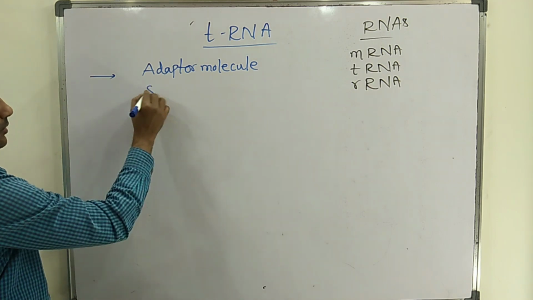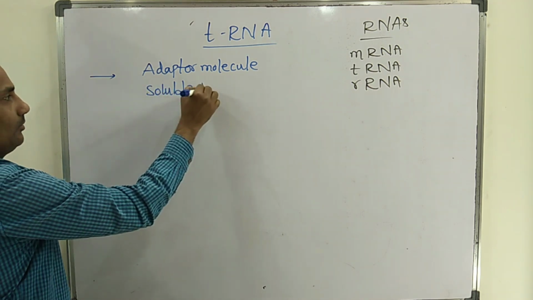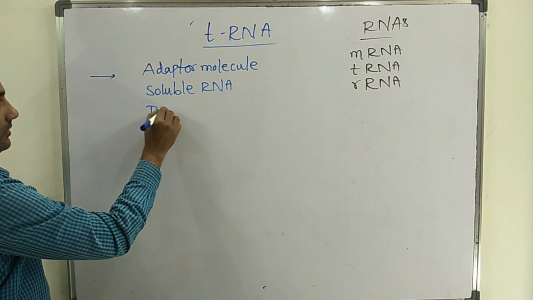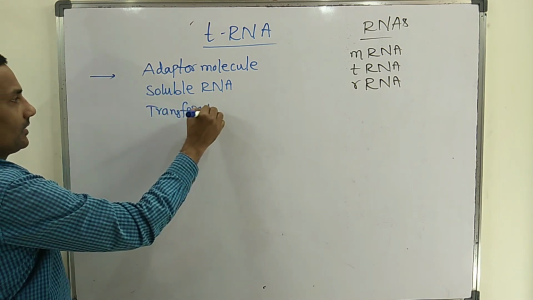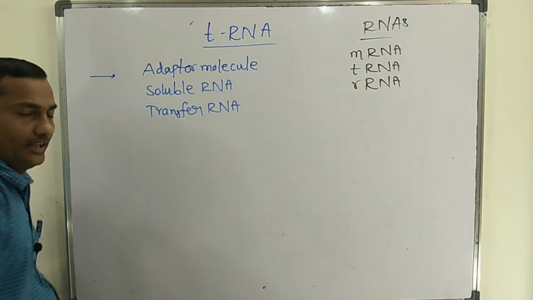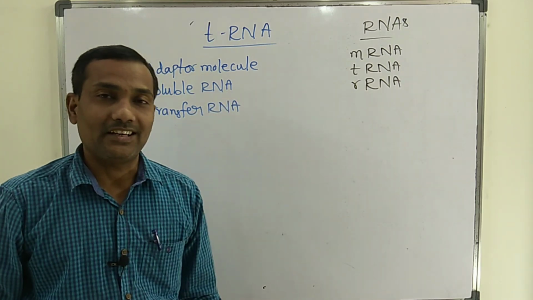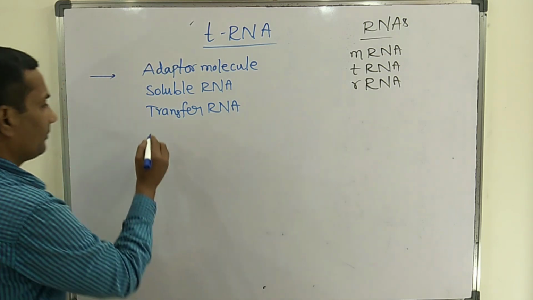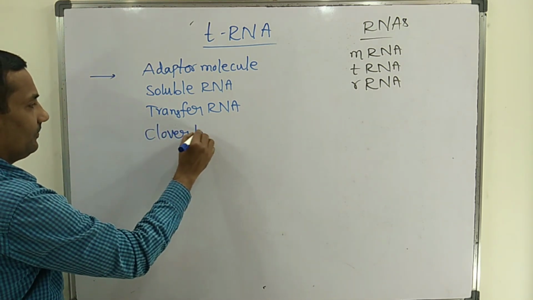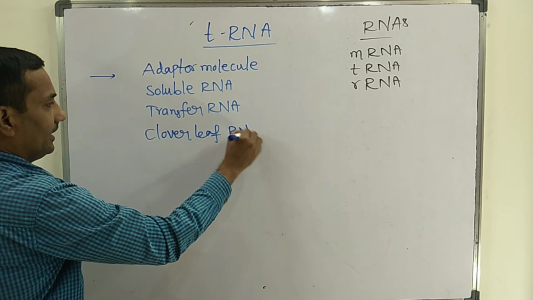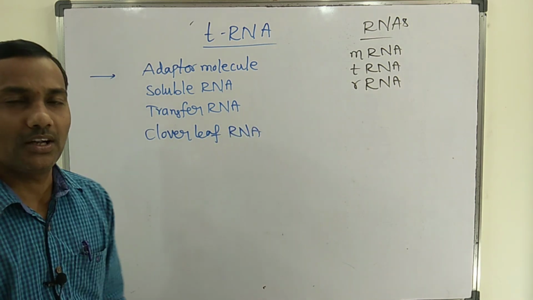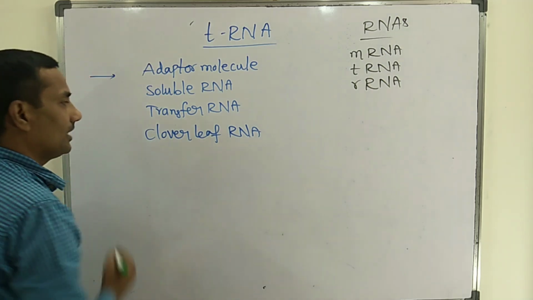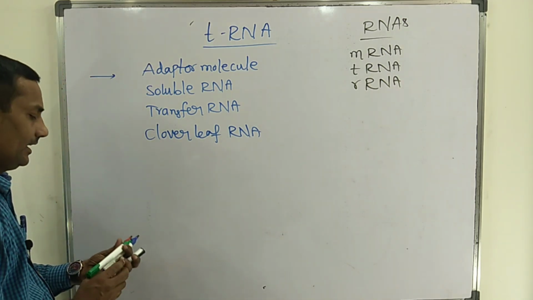It is also known as soluble RNA, transfer RNA. It looks like a clover leaf, that's why it is also called clover leaf RNA. The clover leaf model was proposed by Holley.